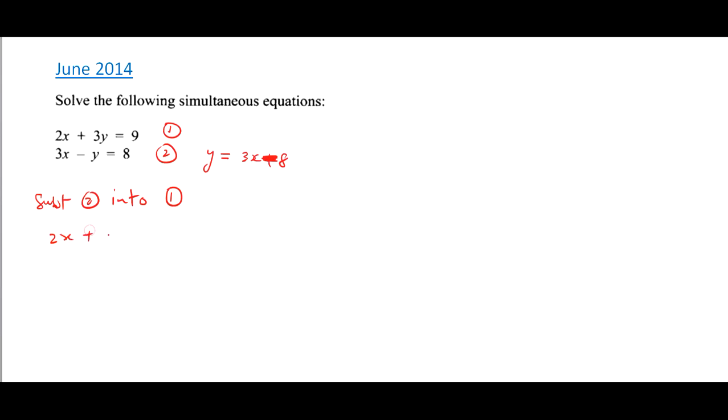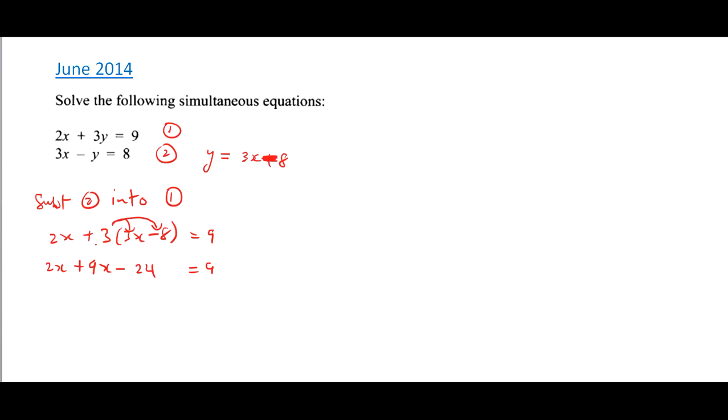Alright, so we have 2x plus 3y, and y in this case is 3x minus 8, is equal to 9. So we have 2x, remove these brackets here, 3 multiplied by 3x gives me 9x, and then 3 multiplied by minus 8 gives me minus 24, which is equal to 9.